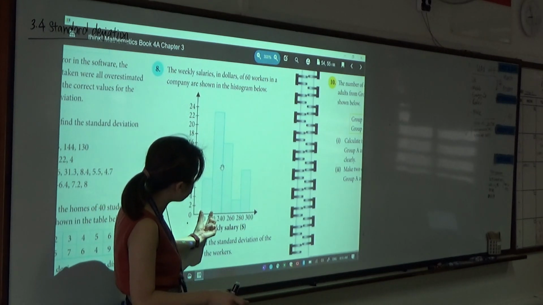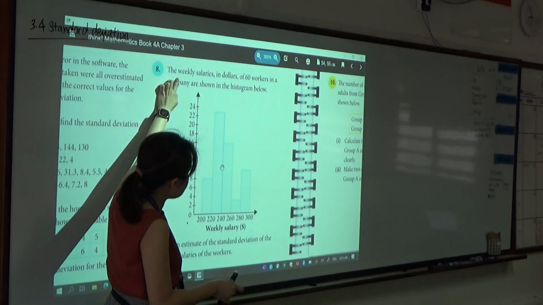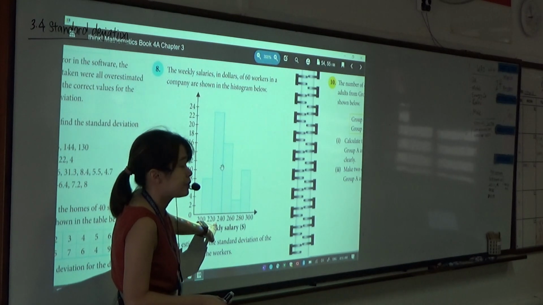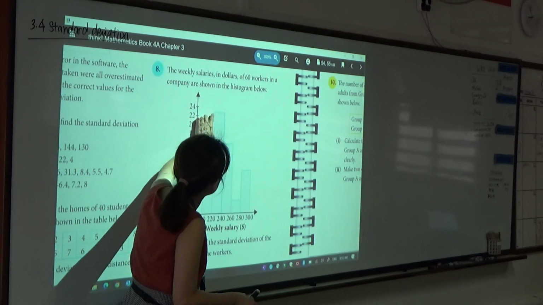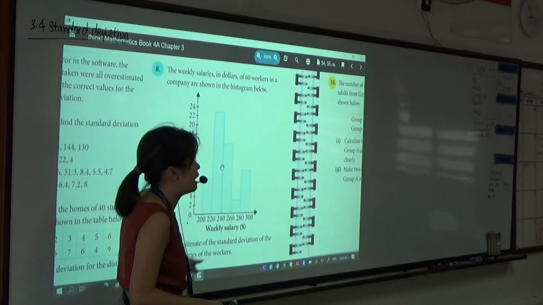That means for this bar, there are actually 8 people whose weekly salary is between $200 to $220. And in this case there are 23 people whose salary is between 220 to 240.